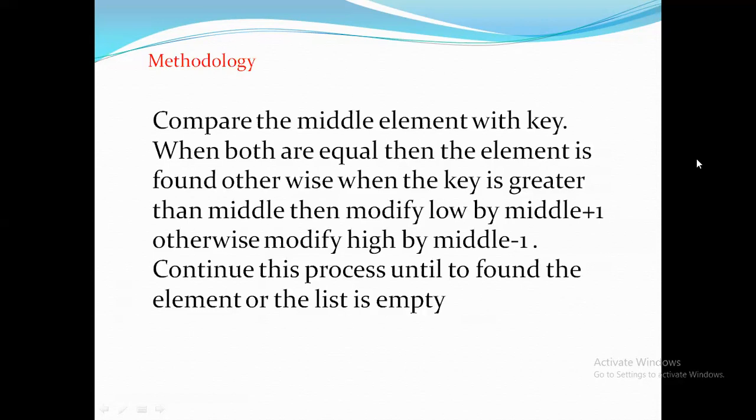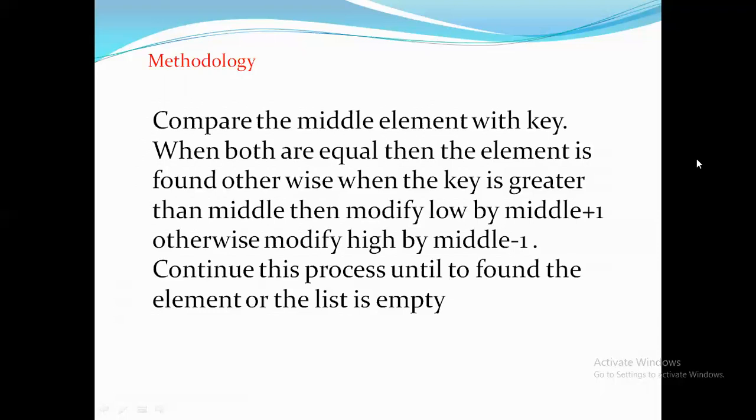Once again, I am explaining. Compare the middle element with respect to the key. When both are equal, then the key is found in the list. Otherwise, you modify either the low position or the high position.